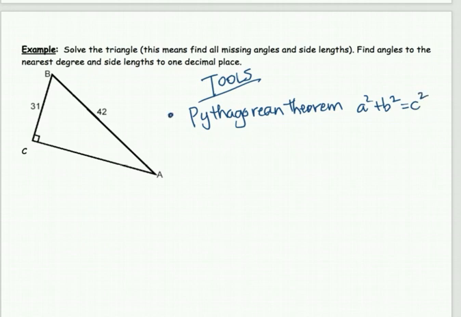That can help you, right? You just need two sides and you can find the third side with that one. You also know Sohcahtoa.